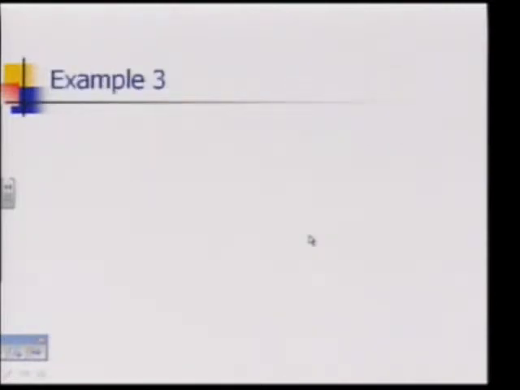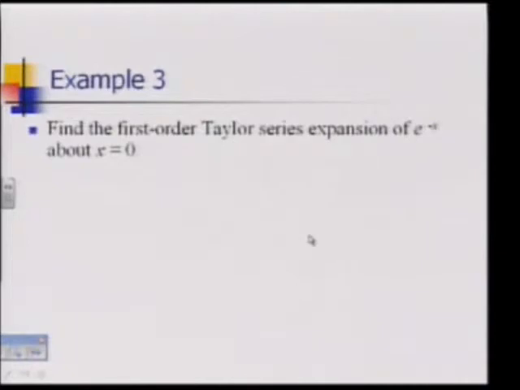Okay, so another example: sometimes we try to approximate a continuous function by the so-called Taylor series expansion. What does that mean? That means basically we can expand a function based on its different orders of derivatives evaluated at a particular point.